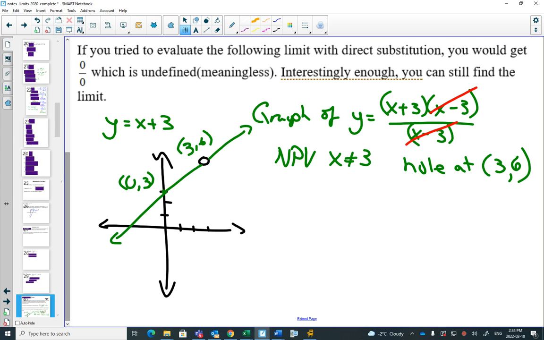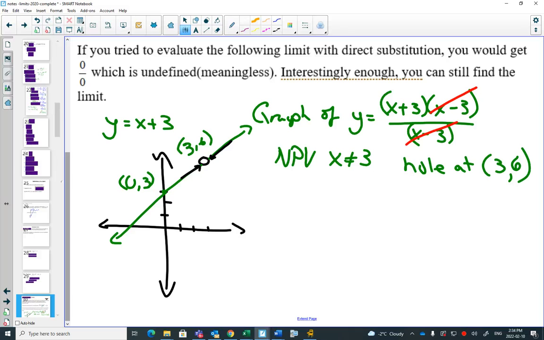And this is what it would look like. And even though there's a non-permissible value at x equals 3, what the limit is saying is no matter which way you come towards x equals 3, either from the left side or the right side, no matter which way you come at 3 and get closer to it, your y values are going to get closer to 6.